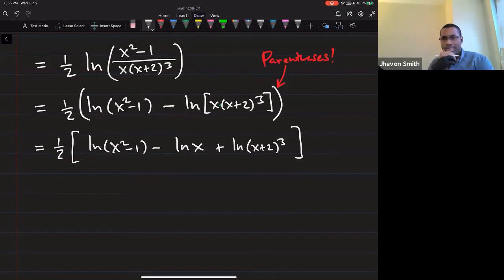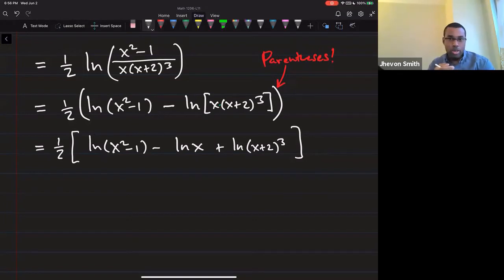We're not good, just to end the suspense. There's something wrong here. What's wrong with what I wrote down? Parentheses again? Parentheses, it's literally the exact same mistake as last time.